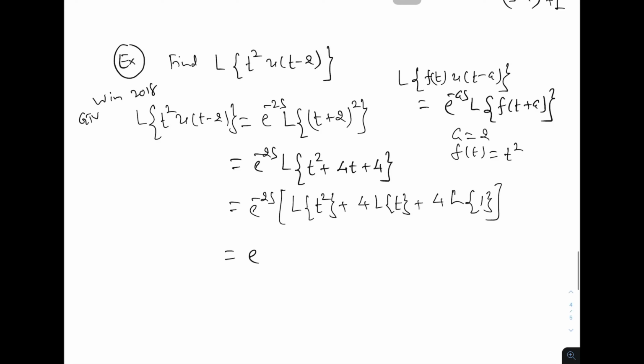So this is e power minus 2s, and that is 2 factorial, so that is 2 over s cube plus 4 over s square plus 4 over s. So this is the answer.